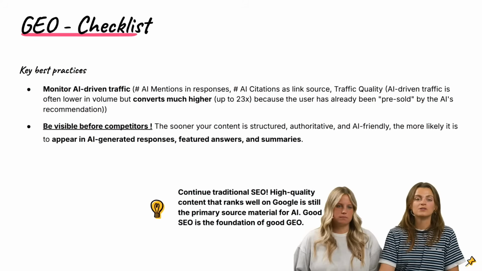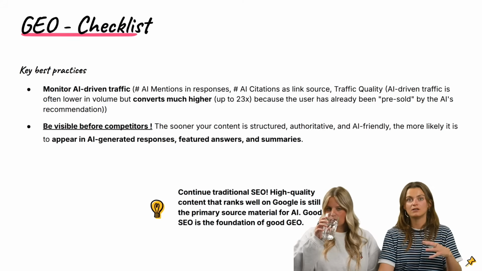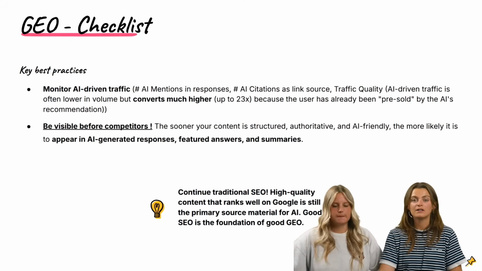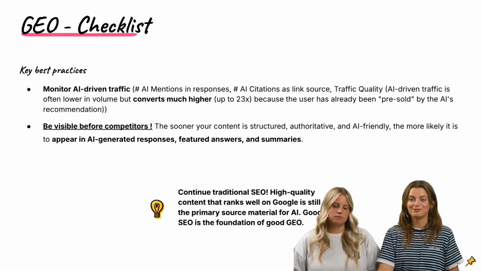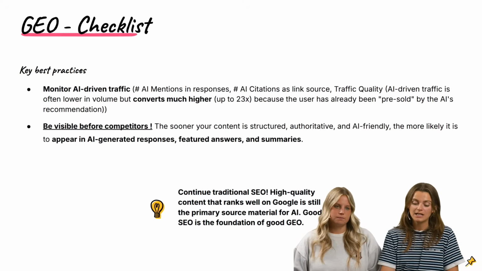If you can, monitor also what's going on with your website within those AI answers. Try to do it. I know that there are a lot of tools that are being created right now, of course. But try to do that just like we saw with the Google Search Console. Try to be visible also before competitors.